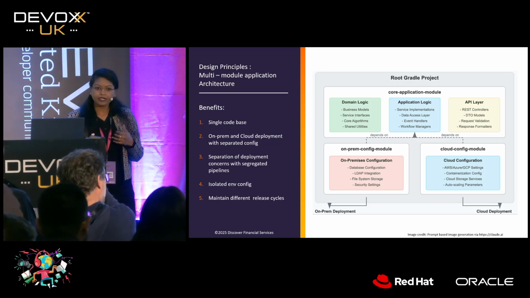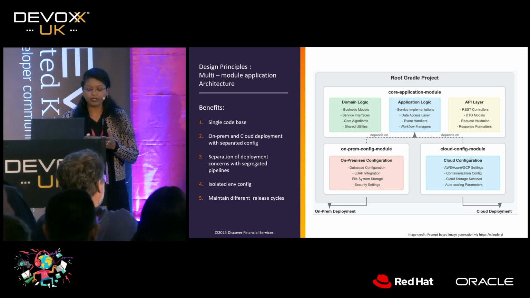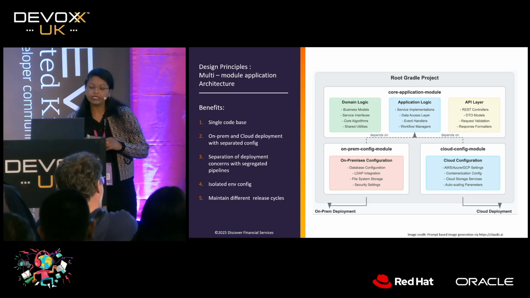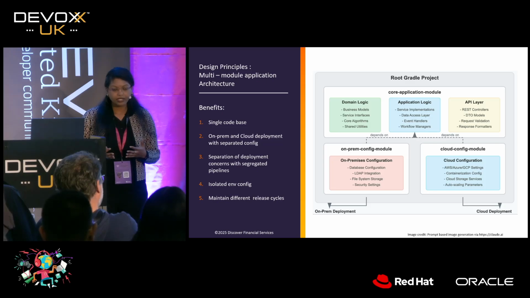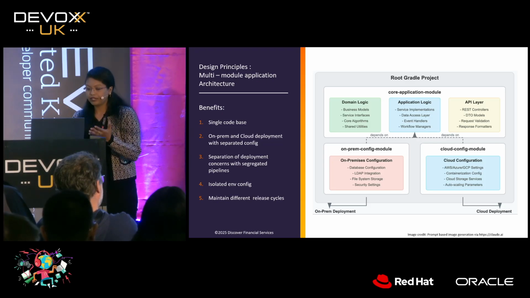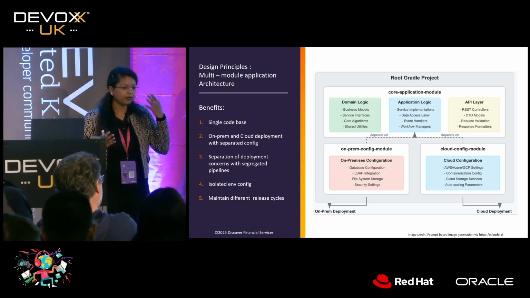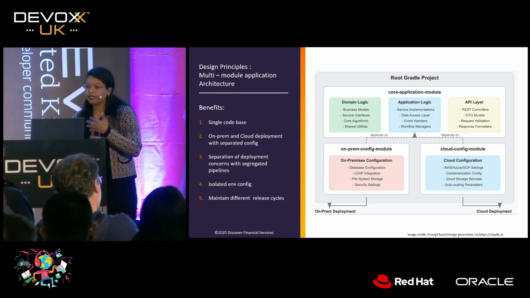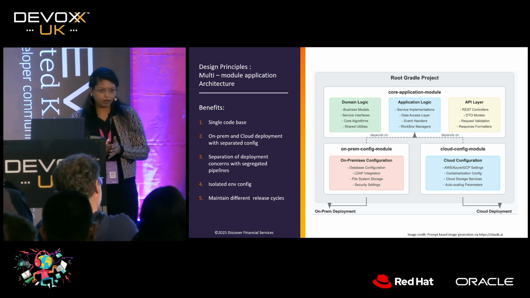So what we could do is abstract everything which is core application into a core module, a Gradle module. And then make it highly configurable. Anything related to on-prem configuration, for example, your vault keys or any API details or anything related to Ansible, your deployment, all the on-prem configuration, pack it into an on-prem config module.